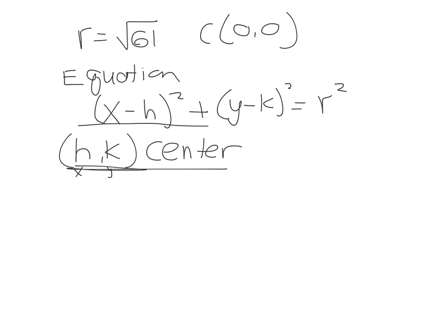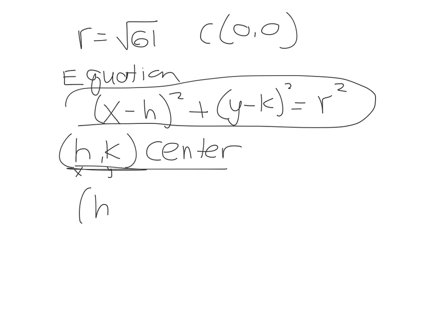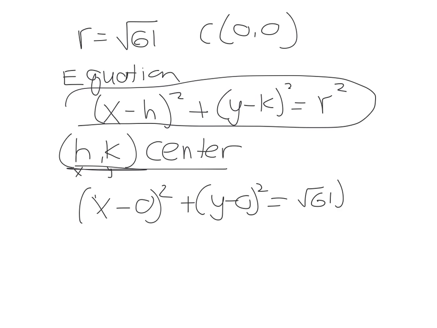And what we're going to do is fill in the h and the k and the radius. That would give us x minus 0 squared plus y minus 0 squared equals radical 61 squared.